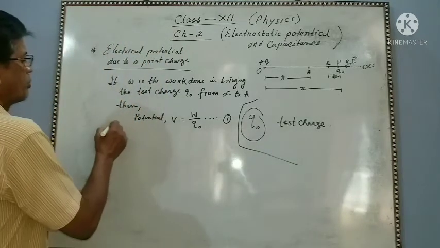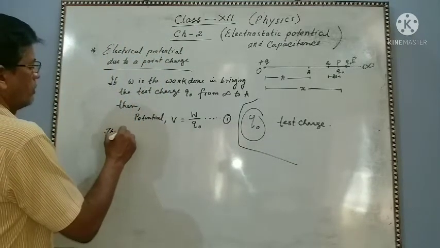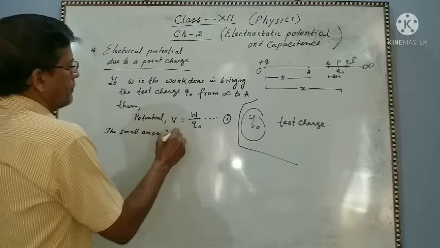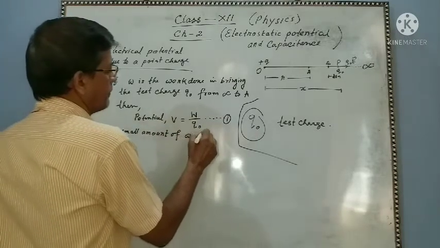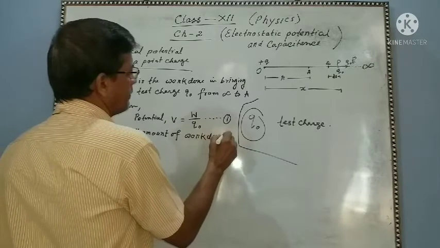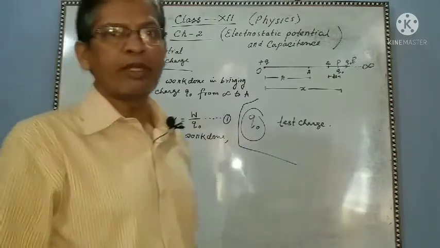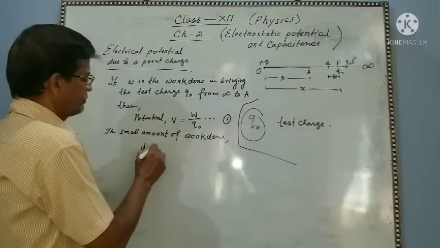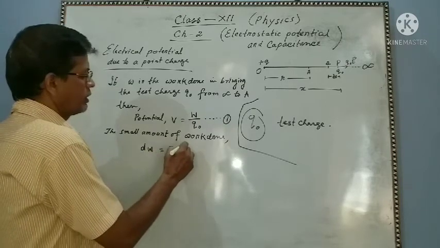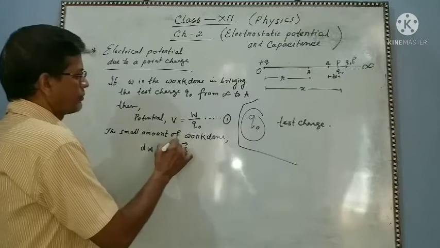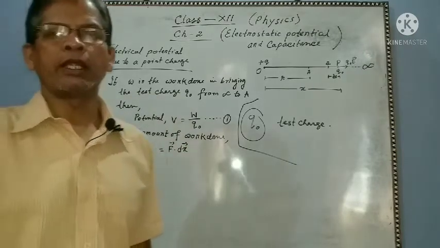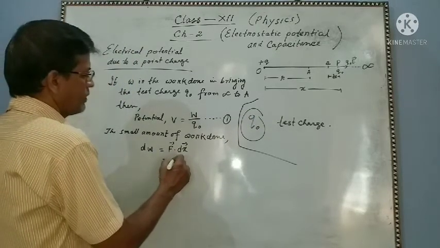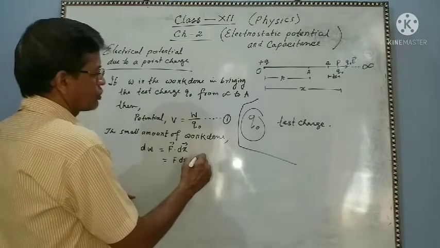The small amount of work done in bringing the test charge from P to Q is dW equal to F dot dx, equal to F dx cos 180 degree.